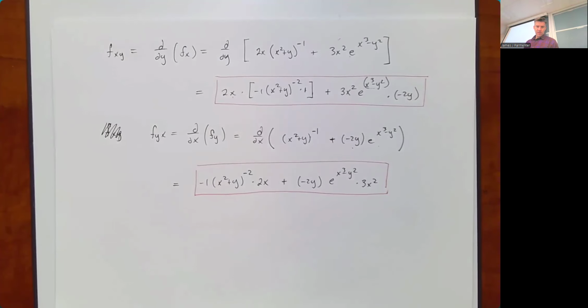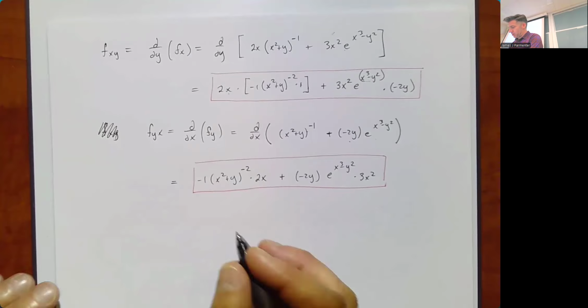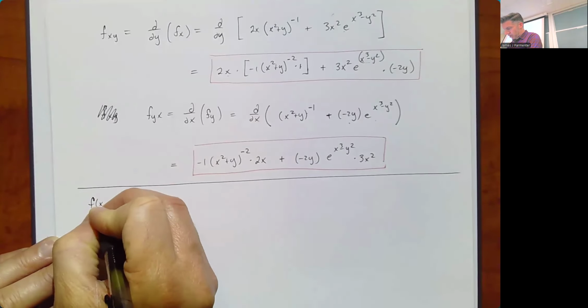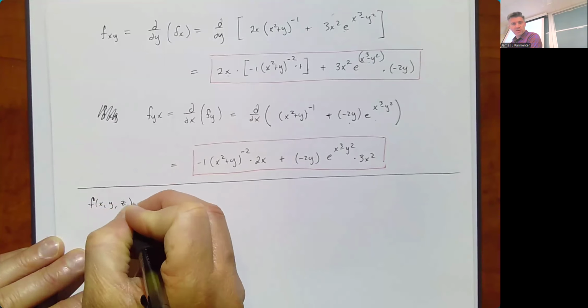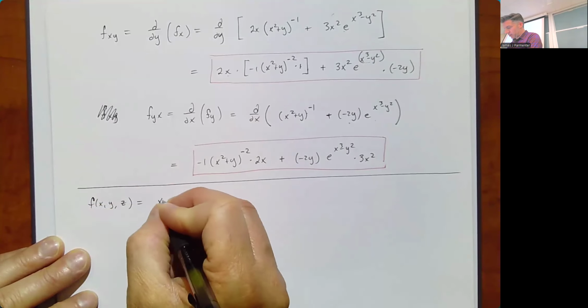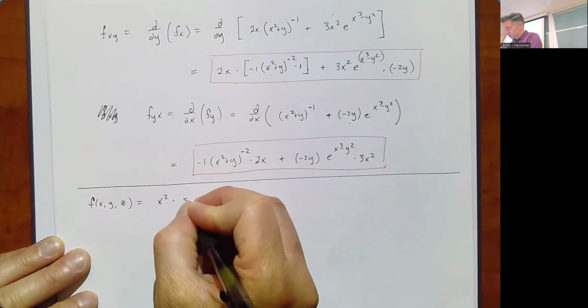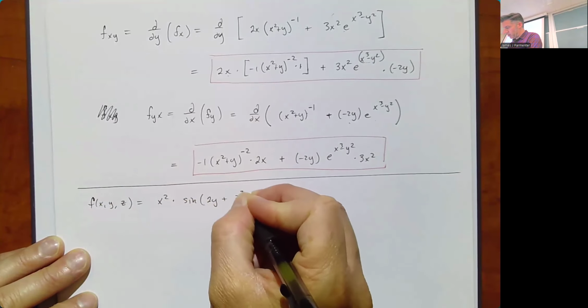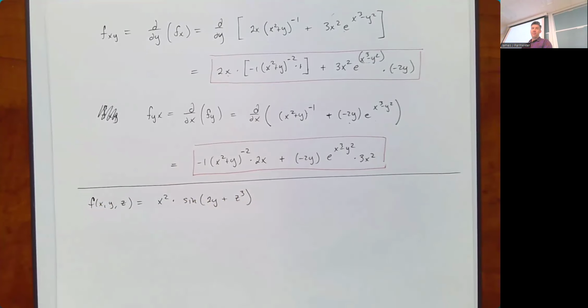Yeah. So let's look at, we can also have functions of more than two variables. So for example, if we had something like f of x comma y comma z equal to x squared times sine of 2y plus z cubed, then we could find all the first partials.